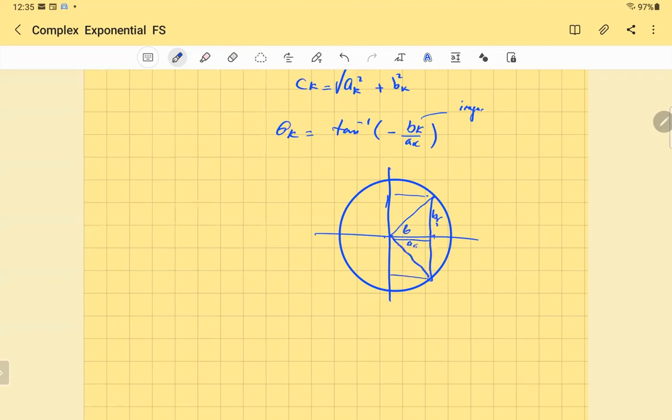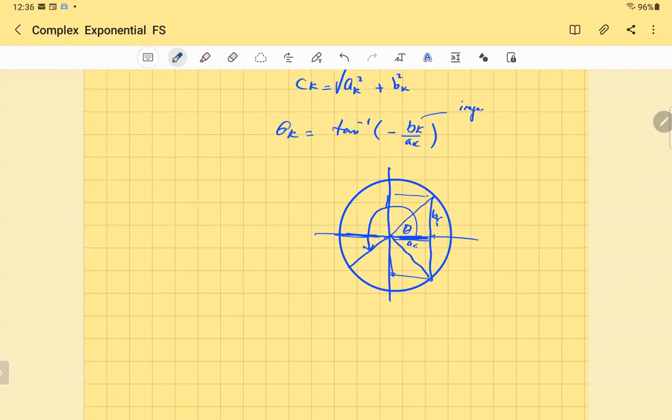In this quarter, a is still positive, but b is negative. So you can get it also by tan inverse. It will give you a negative angle, like negative 30. The problem happens if a is negative. So when a is negative, and b is negative, you are working here. And the angle will be counted from the x-axis up to here. That's your theta.